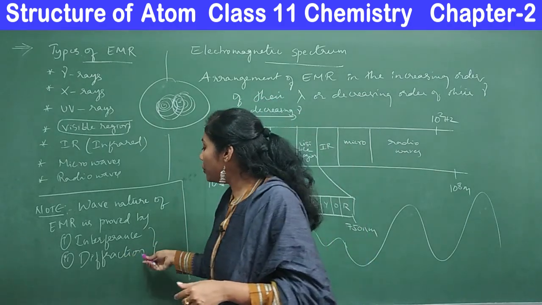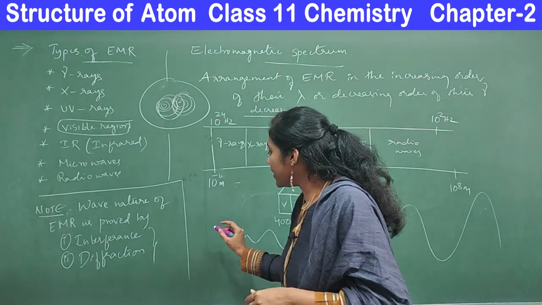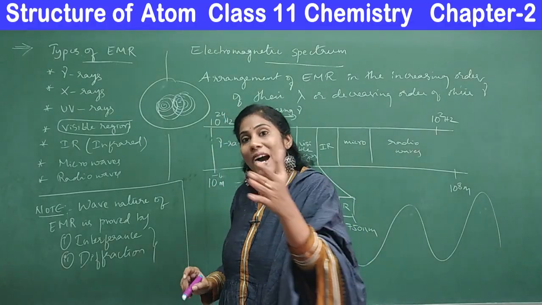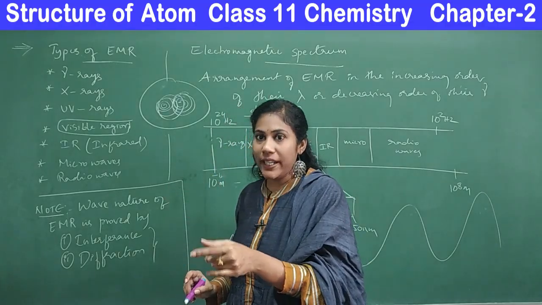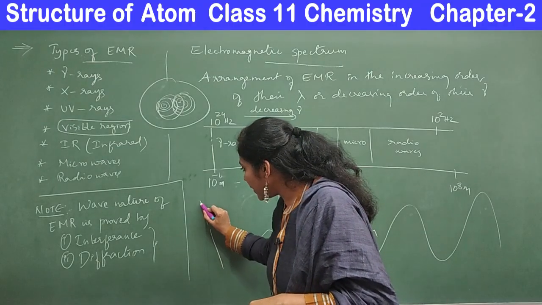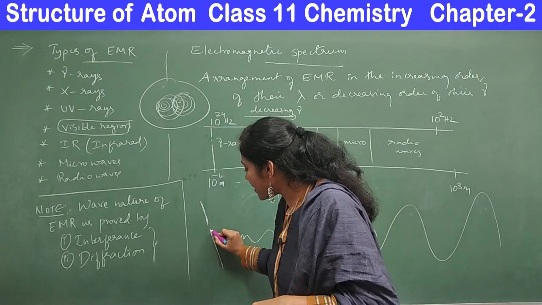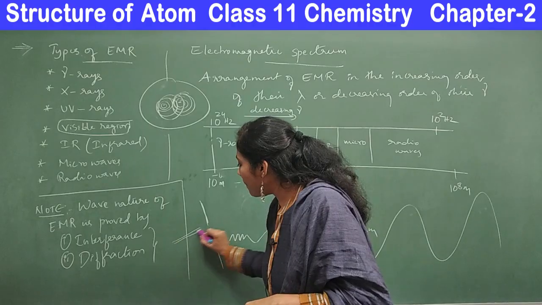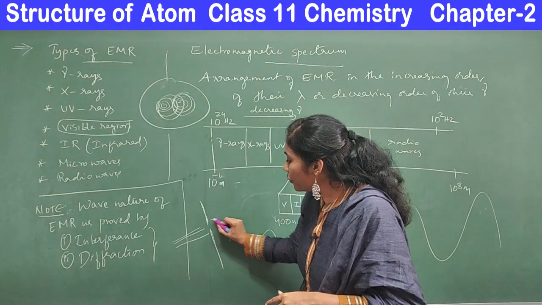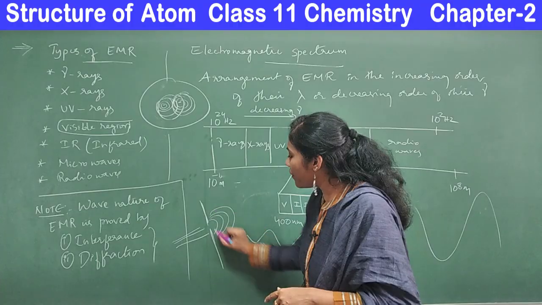And what do you mean by diffraction? Diffraction means bending of radiation when it is passed through a slit. For example, here there is a wall and here there is a slit, and I will pass electromagnetic radiations through this particular slit, and they appear in the form of waves.